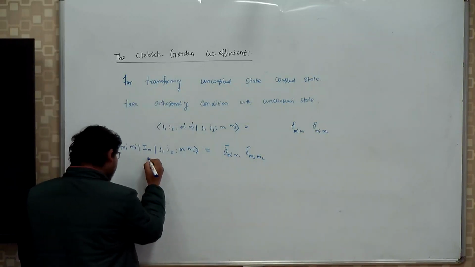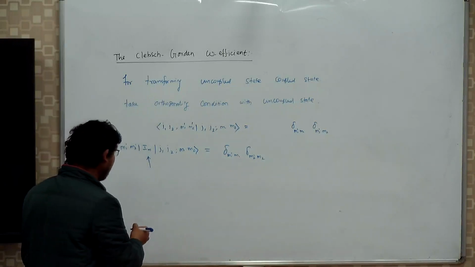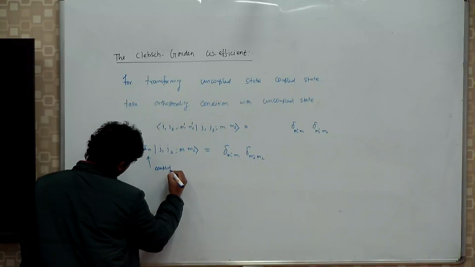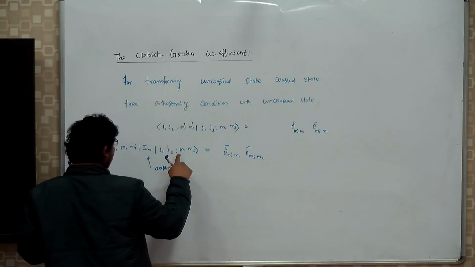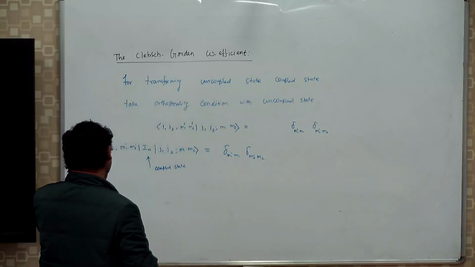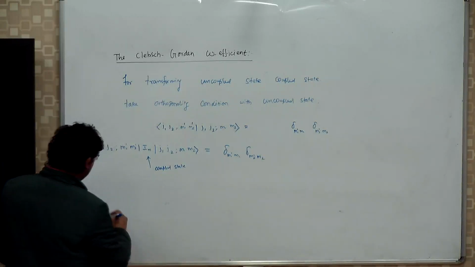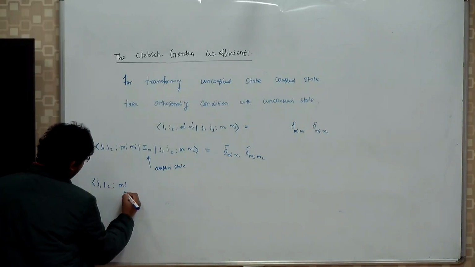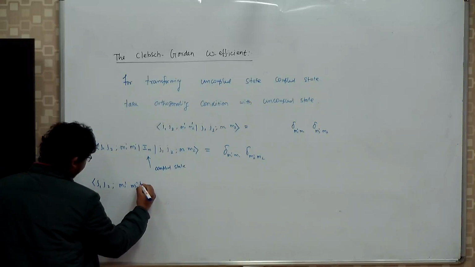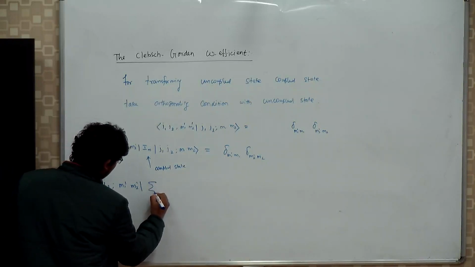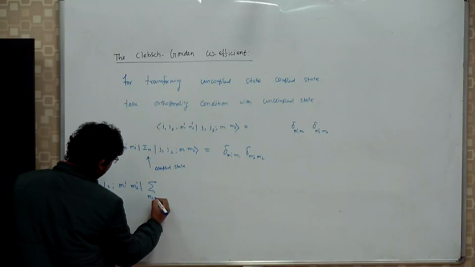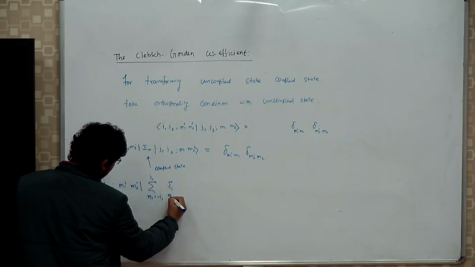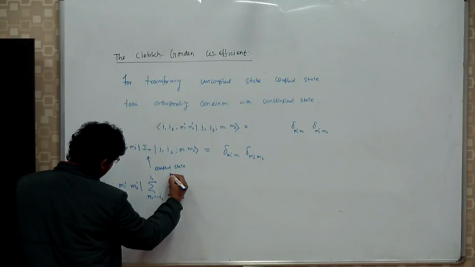This completeness relation which we are going to write is on the basis of coupled states, because we have taken the orthogonality condition with the uncoupled state. So sum over M1 from minus J1 to J1 and sum over M2 from minus J2 to J2.